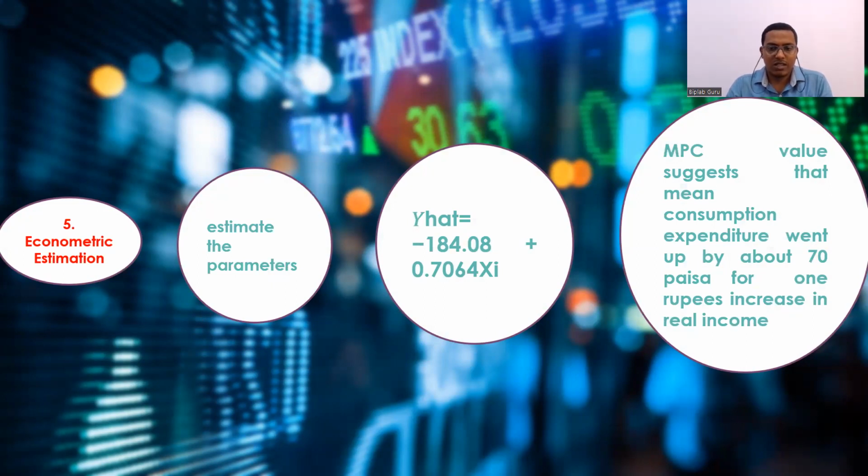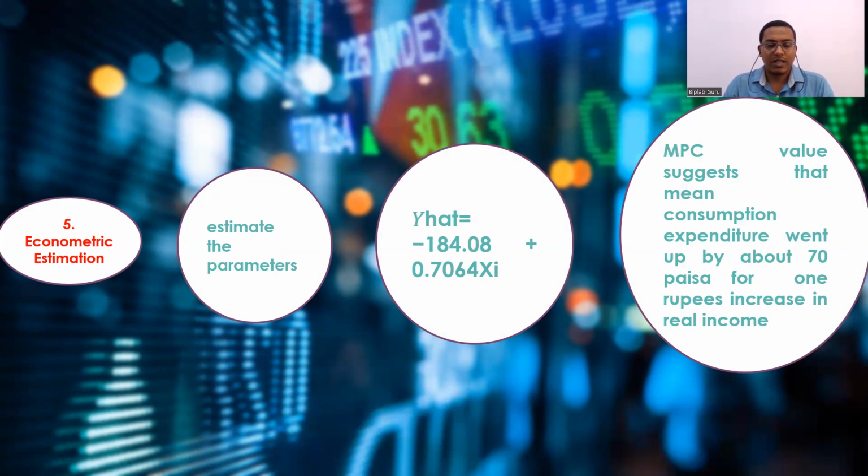as we have already discussed before, and here beta 2 hat is equal to 0.7064. So this 0.7064 is nothing but the marginal propensity to consume. And your marginal propensity to consume value suggests that mean consumption expenditure went up by about 70 paise for 1 rupee increase in the real income.